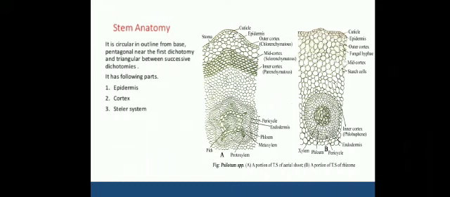The stele of the rhizome is haplostelic or actinostelic type of protostele. The central xylem core is completely surrounded by phloem. The basal part of the aerial shoot may show a protostelic condition, but in the upper portion it may show a siphonostelic condition.